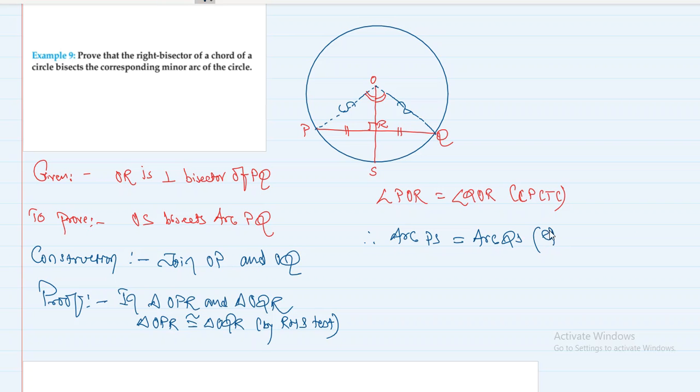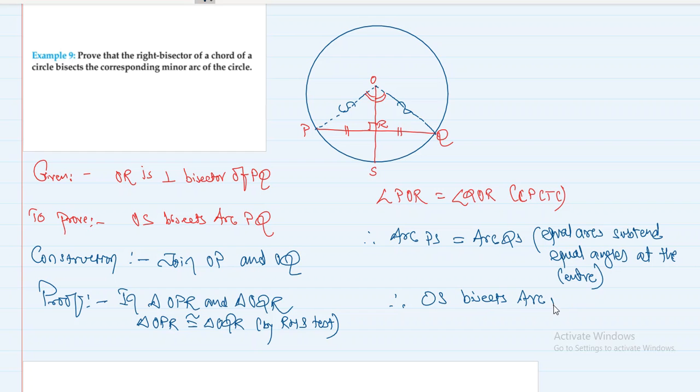Why? Because equal arcs subtend equal angles at the center. Therefore, we can say that OS bisects arc PQ, because if this part of the arc PS is equal to this part of the arc, that means S is the midpoint of arc PQ.